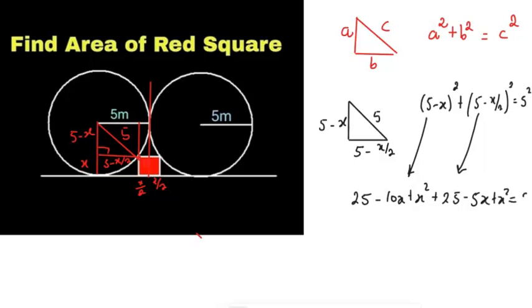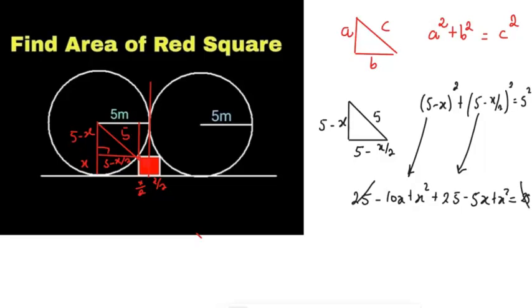So this is equal to 25. Okay, so from here we can see that 25 is on both sides. We have three 25s, two on the left hand side and one on the right hand side, and the three 25s are all positive. So we can just cancel out one 25 on the left and one 25 on the right.